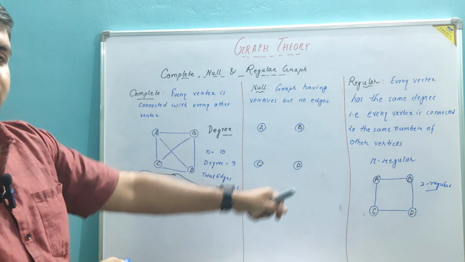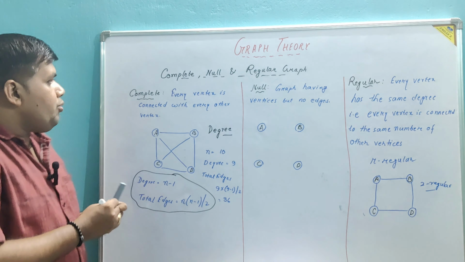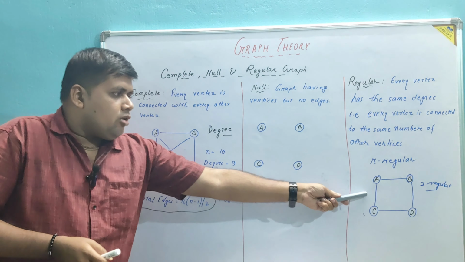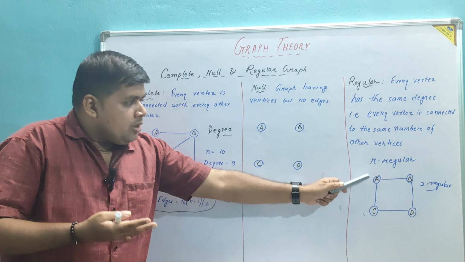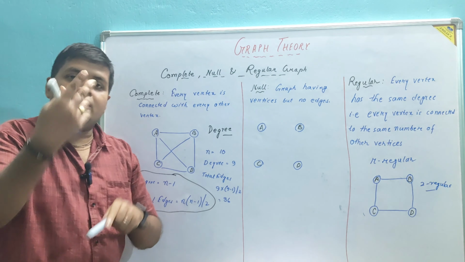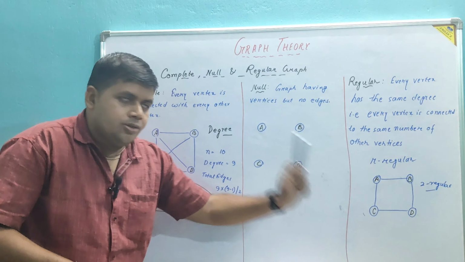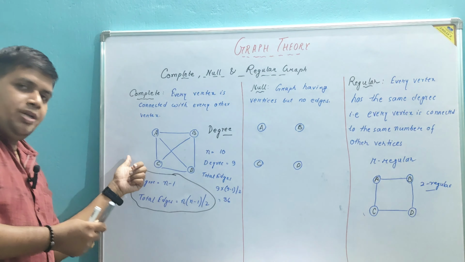Because every vertex has degree 2. Now, if we relate it with a complete graph, is it complete? No, it is not complete, because all the nodes should be connected with all the other nodes. However, you observe that A is not connected with D, and B is not connected with C.